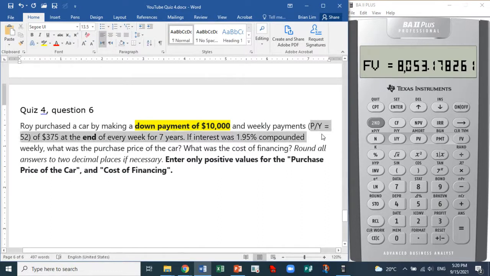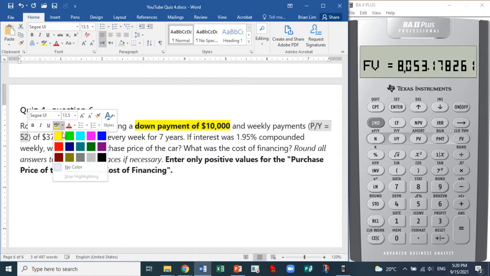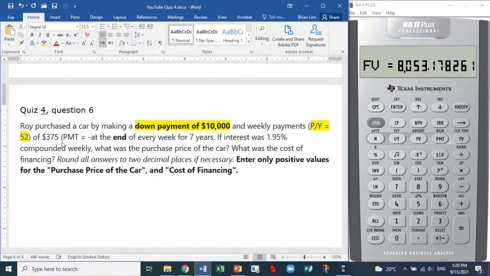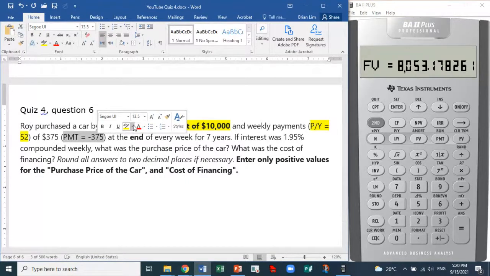Yes, I would think so. PY is equal to 52. Okay, so there we are. Of $375, so PMT is equal to negative 375 at the end. Okay, it's the end also.